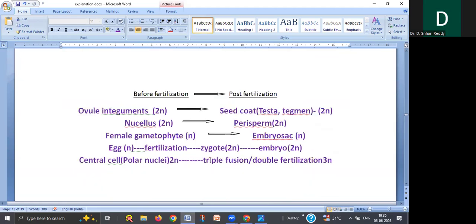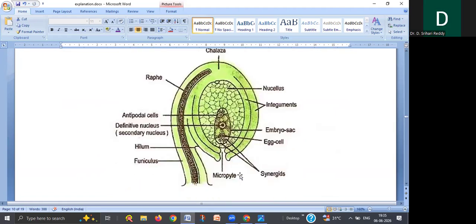You see, in the structure of the ovule, just now we have seen it. Here this is the micropyle, and there is a nucellus. It is surrounded by two integuments. Usually, in case of the dicots, in the polypetalae members, we see two integuments.